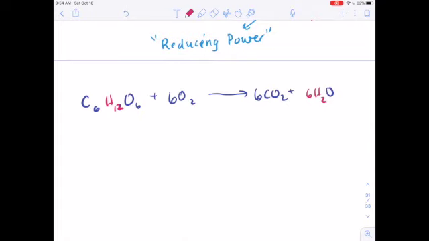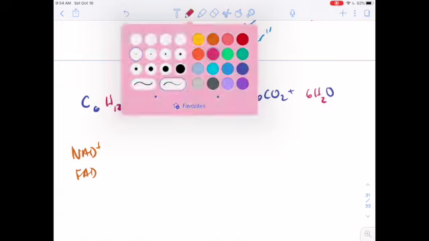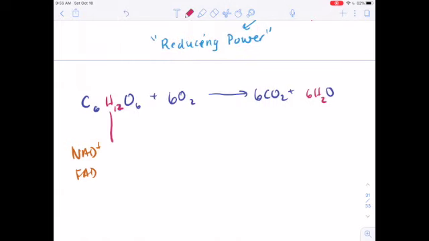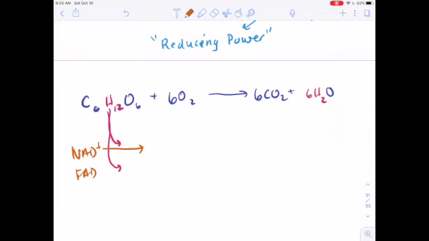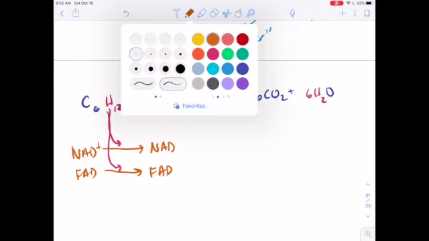What the electron carriers NAD plus and FAD do is that they're hanging out in the cell. And they rip these hydrogens out of glucose, and they become NADH and FADH2.